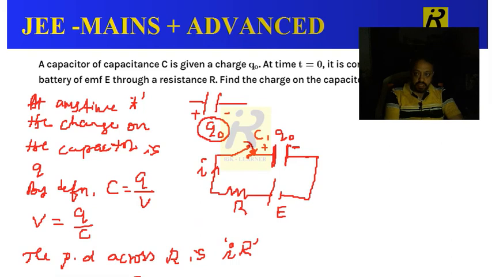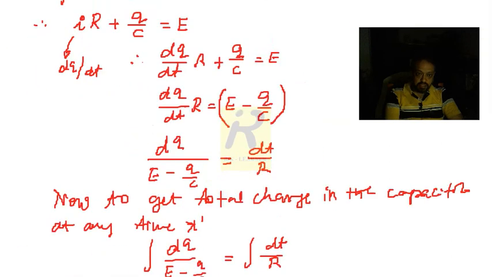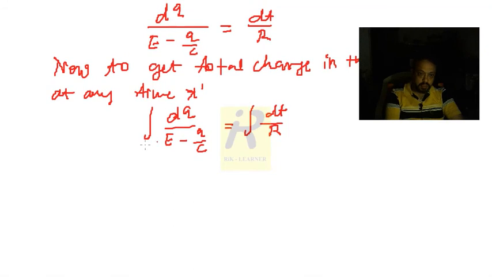The initial value of charge is Q0 on the plate of the capacitor, so it is plus Q0, otherwise simply Q0. The instantaneous charge at any time is Q, and we are integrating with respect to t, that is 0 to t.